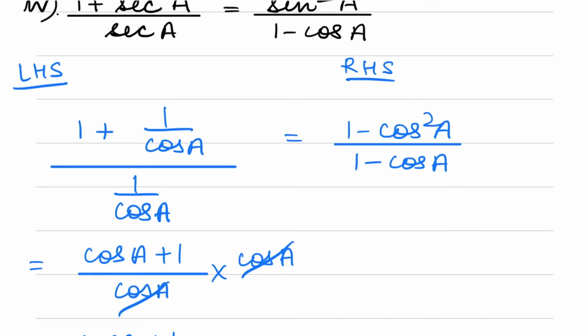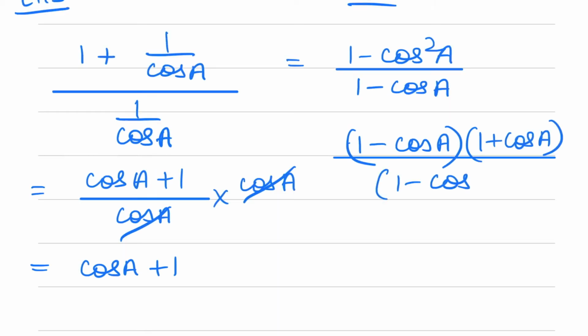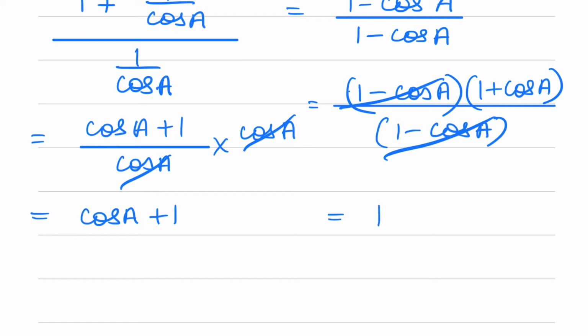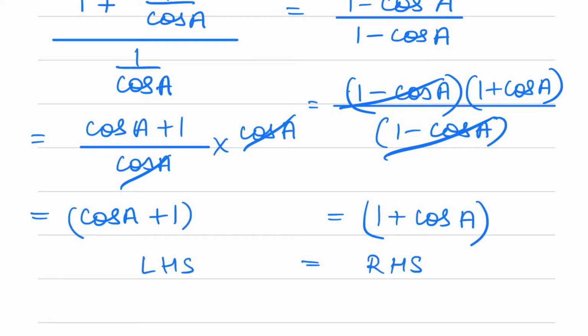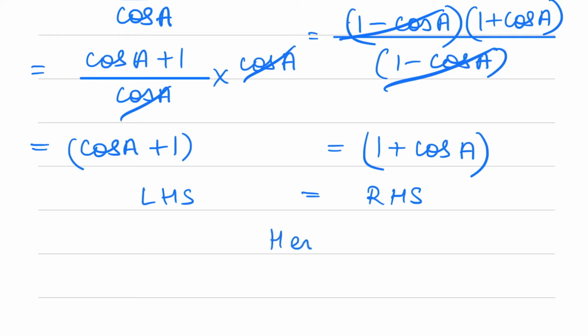Now we know the identity 1 minus cos a into 1 plus cos a, that is 1 minus cos square a, divided by 1 minus cos a. 1 minus cos a gets cancelled with 1 minus cos a, so we get 1 plus cos a. So both are equal. Left hand side is equal to right hand side. Hence proved.